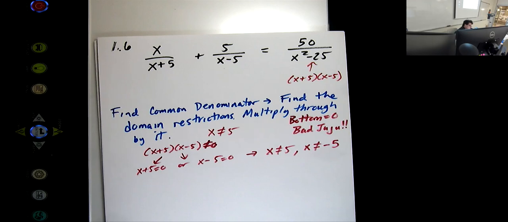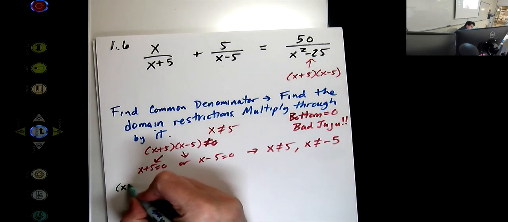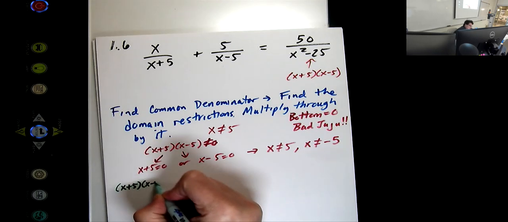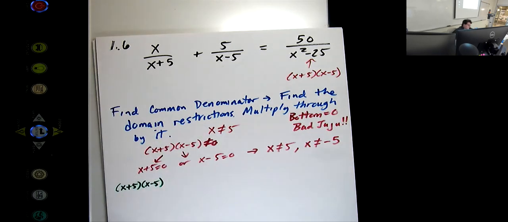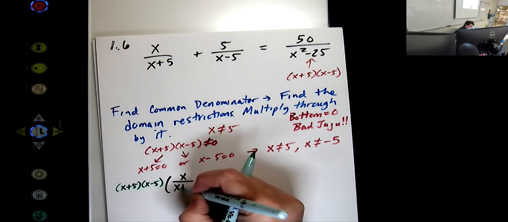So once we have the x squared minus 25, what can we do with it? We can get rid of the fractions, right? So I'm going to write x plus 5, x minus 5, multiplying by each one. Since I'm going to multiply through by it, I'm going to multiply each thing by it.